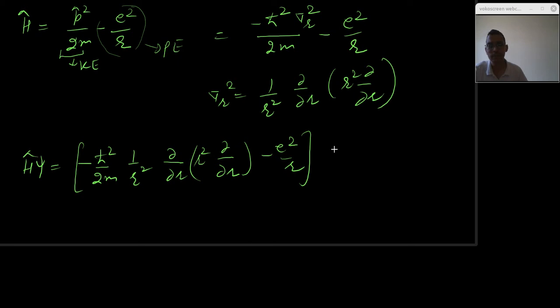If I put the value of psi as A exponential of minus alpha r, let me write it in this way and multiply this wave function with this and this part.